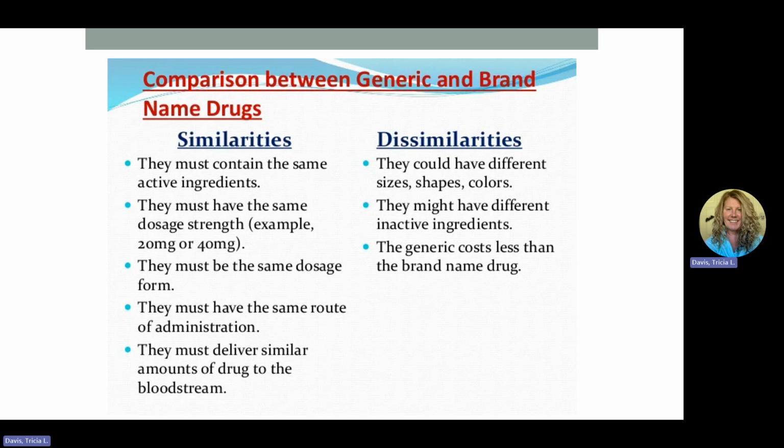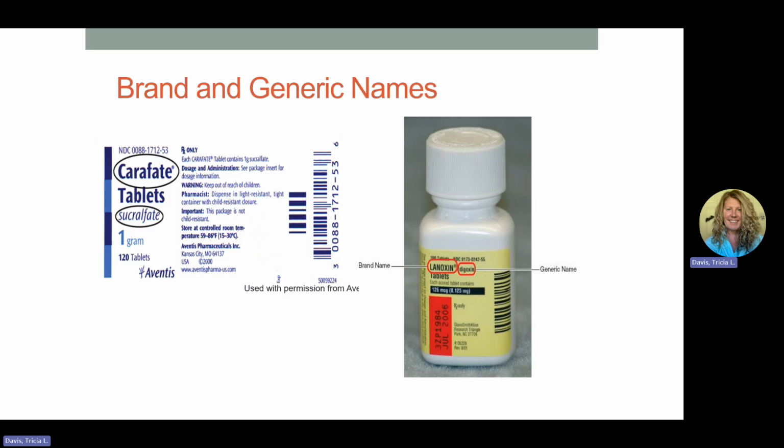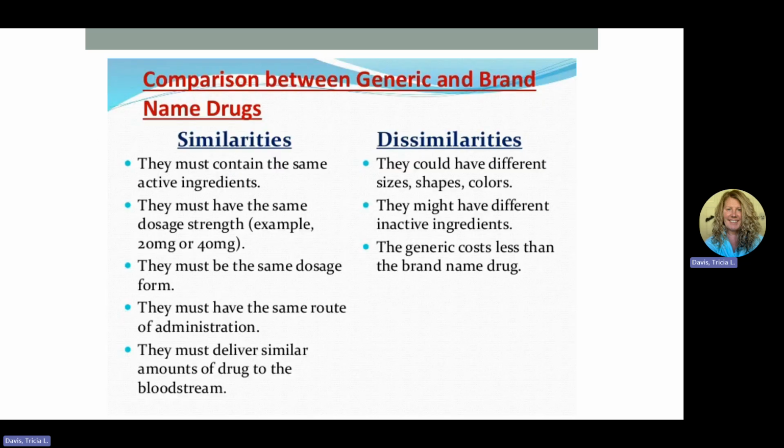They have to be the same dosage form, so caplets or pills. They have to have the same route of administration, which means they would have to, for example, both be oral. They have to be taken by mouth, and they have to deliver a similar amount of drug into the patient's system.